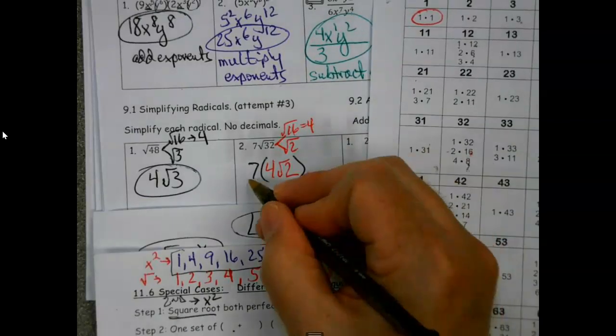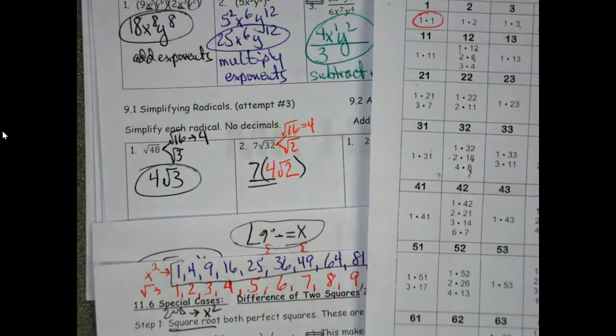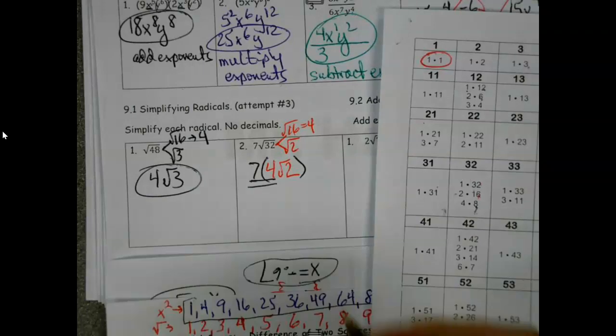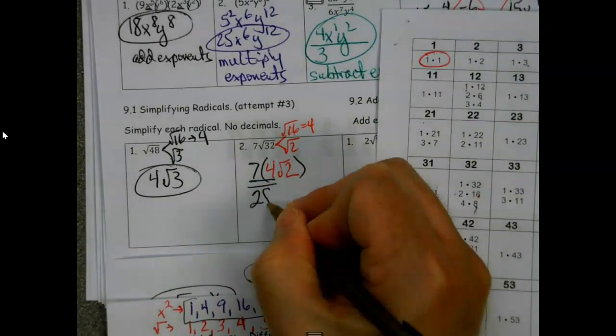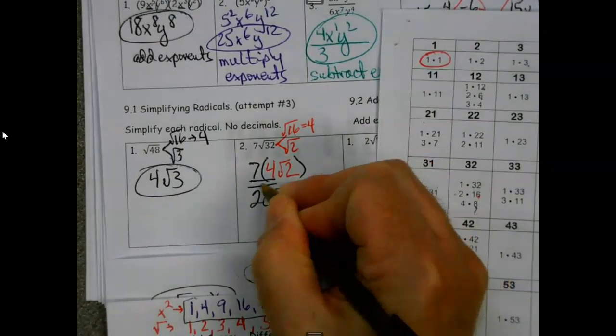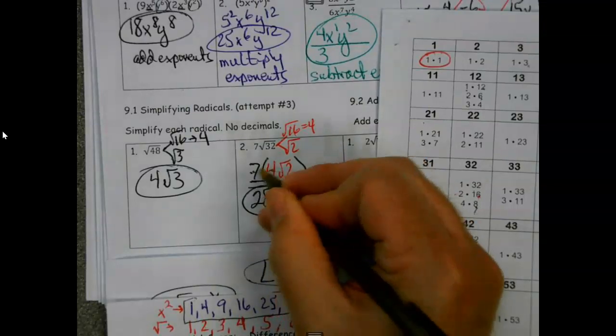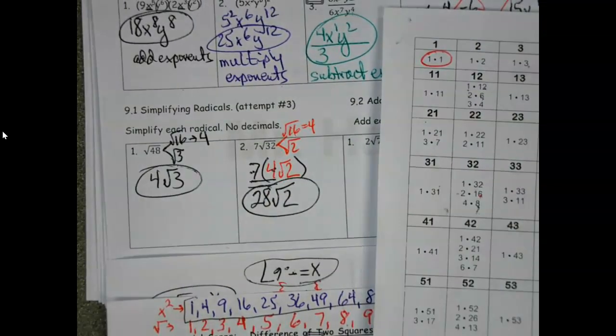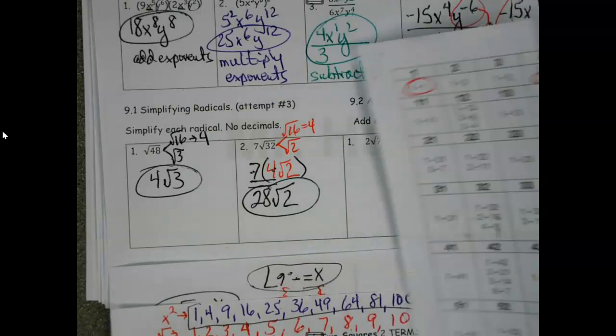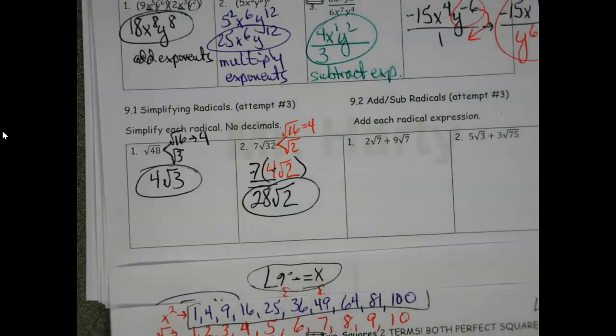Depends on the order you're wanting to take them in. There, 4 times the square root of 2. And since now you've got two numbers that are outside the radical, they can go ahead and be multiplied together. So we're set there.